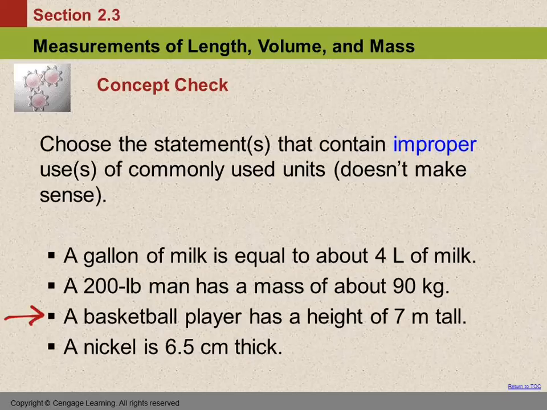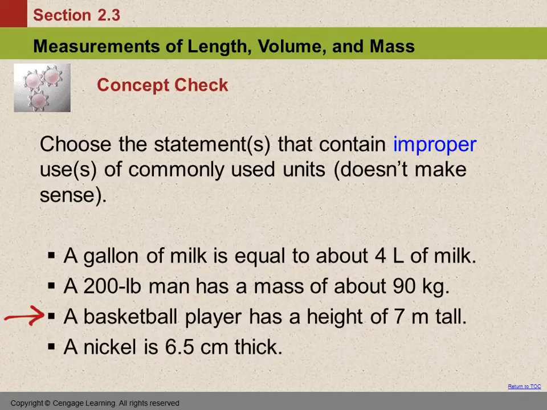That one's not reasonable. A nickel is 6.5 centimeters thick. Reasonable? No. What's the relationship between a centimeter and an inch? A centimeter is smaller, but is it a lot smaller or a little bit smaller? Well, an inch is 2.5 centimeters.